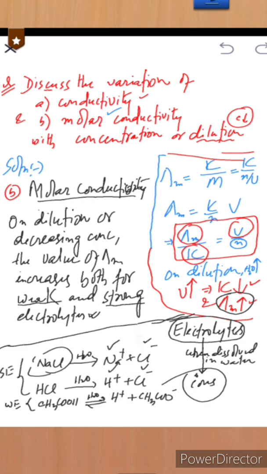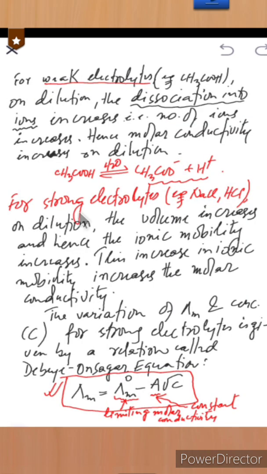Now let me explain for these two. I have written here for weak electrolytes: on dilution, on decreasing concentration, the dissociation into ions increases.